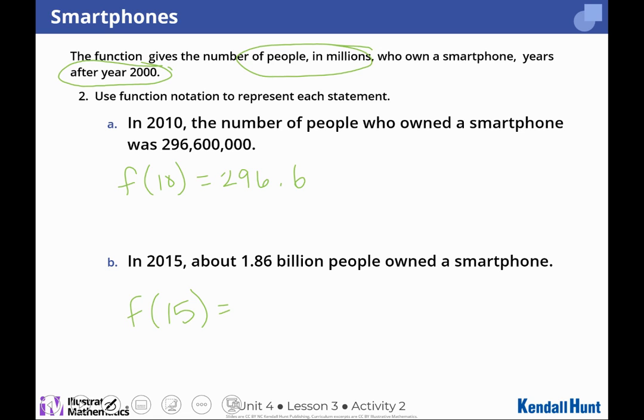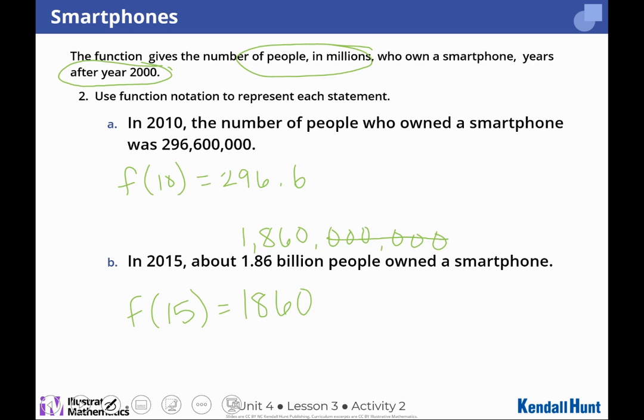So 1.86 billion is 1,860,000,000. And so if we're going to give our number in millions, then it's 1,860. Okay, because again, the output is represented in millions of people.